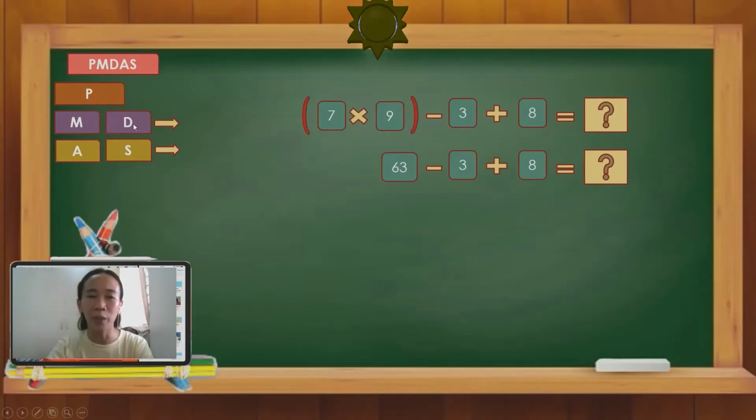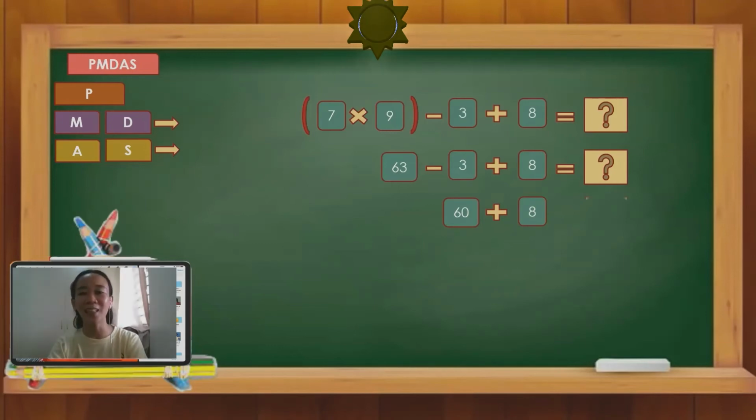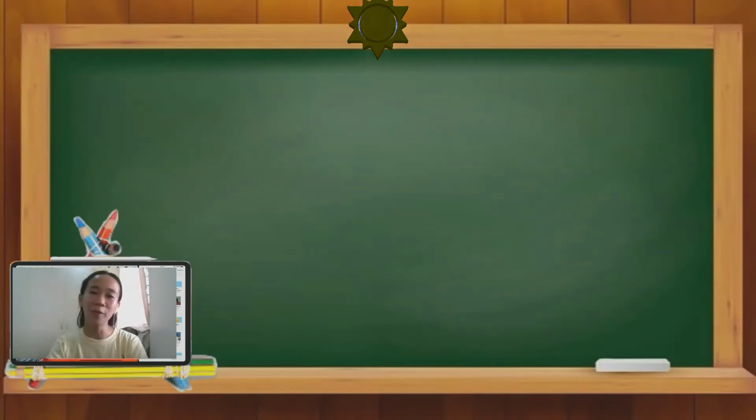Do we have a multiplication or division here? No more. Then we will proceed to addition or subtraction from left to right. So 63 minus 3 is 60. Plus 8 is, what's your answer, Guadans? Great job, Guadans. That is 68.